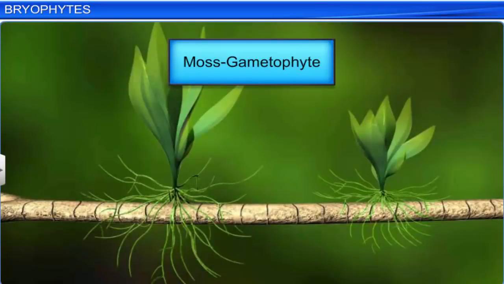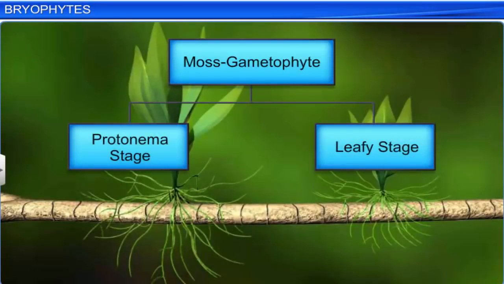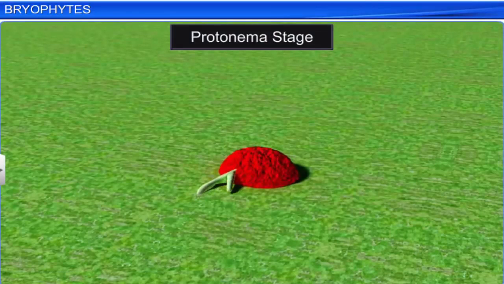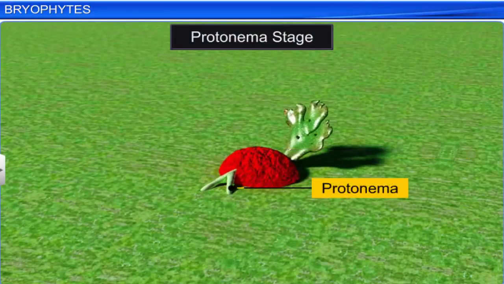The gametophyte stage has two substages, protonema and leafy stage. In the protonema stage, the spore develops into a protonema, a thread-like chain of cells. The protonema is creeping, green, branched, and filamentous.